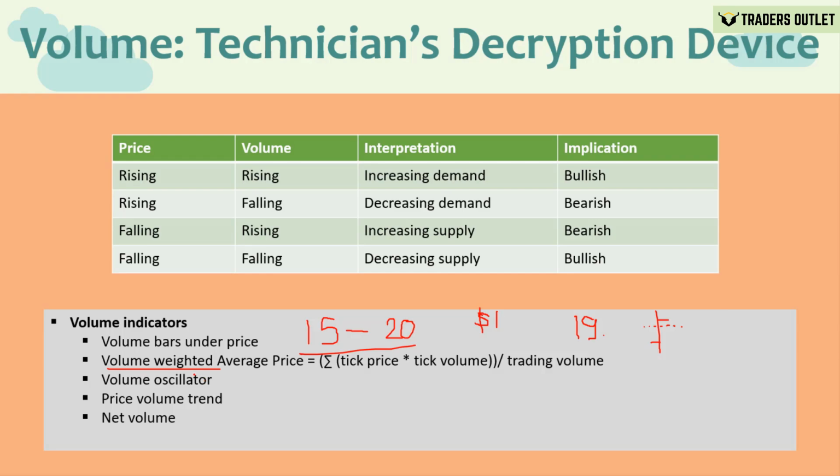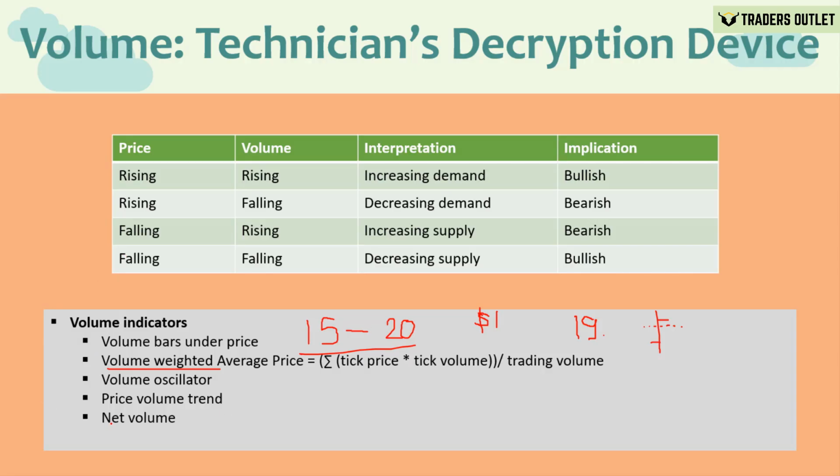Then we have volume oscillators, which are also a type of indicator charted below the price. We have net volume and price volume trend. These are again measures of volume. We don't need to get into detail at this stage; you just need to know that these indicators exist.